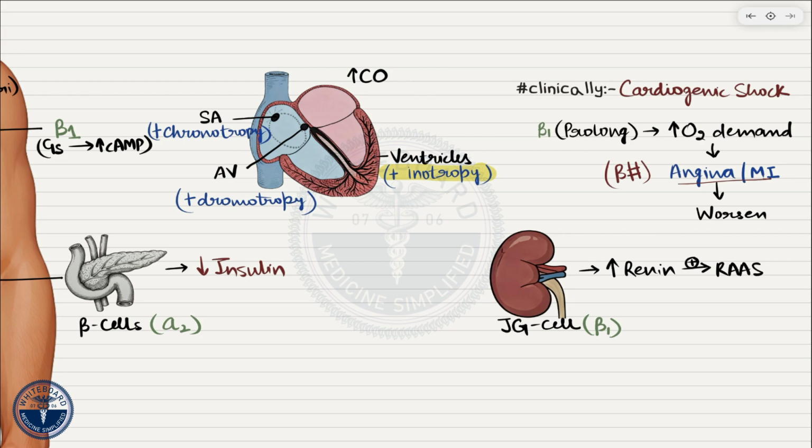In the heart, beta-1 stimulation increases heart rate and contractility, thereby increasing cardiac output. At the same time, beta-1 stimulation in the kidney activates the RAS pathway, which helps maintain vascular tone and blood pressure. Together, these effects work in coordination to ensure adequate tissue perfusion during sympathetic activation.